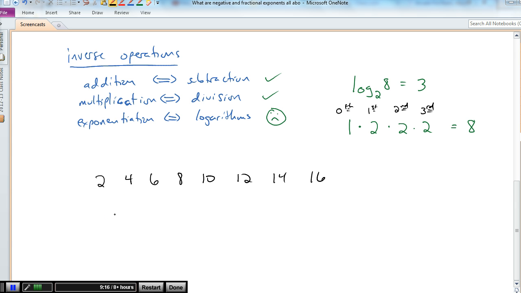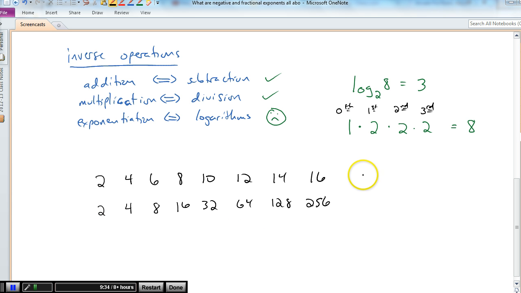Now, if we counted by 2's with multiplication, we would go 2, 4, 8, 16, 32, 64, 128, 256. And you can see that we're multiplying now.